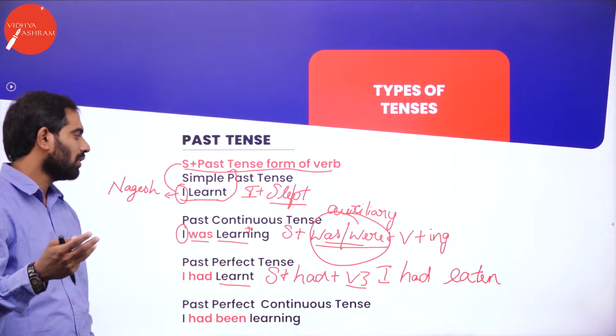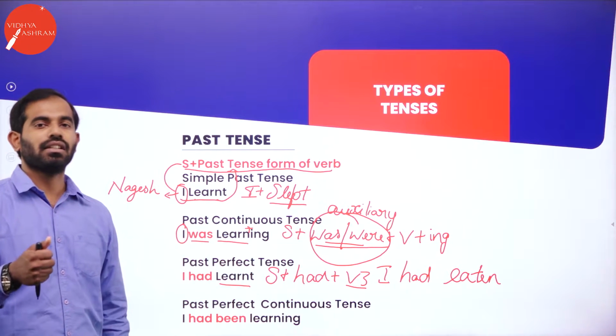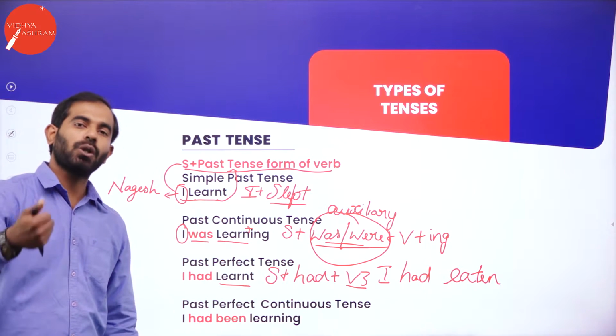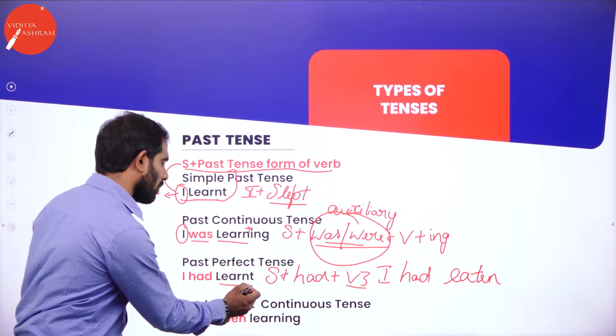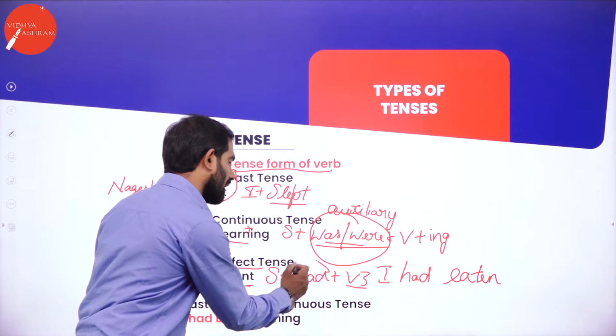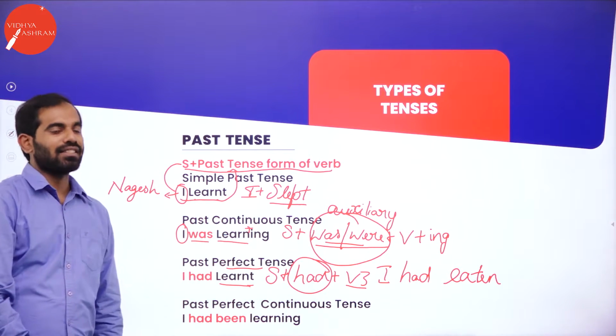Third form of verb, V3, is eaten. Eat, ate, eaten. Sleep, slept, slept. Cook, cooked, cooked. Cut, cut, cut. So V3, we are going to follow V3 in perfect tense. Don't forget it. I have told you, as the auxiliary verbs change, so will the tenses.